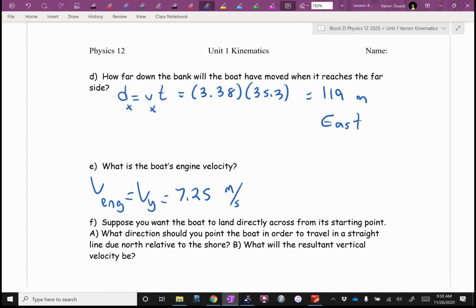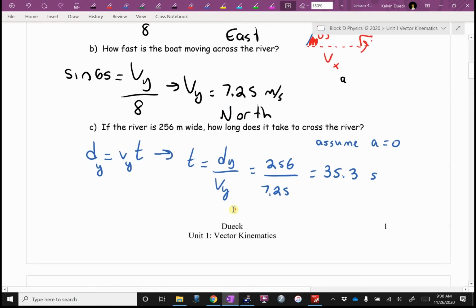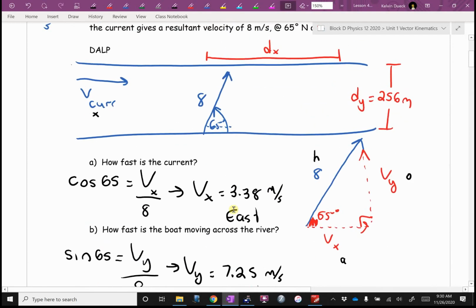So now we can put everything together, because of course, what if you don't want to end up 119 meters downstream and have to walk all the way back? What if you actually want to end up right across from where you left? You'll have to point the boat into the current. You'll have to point the boat kind of that way.